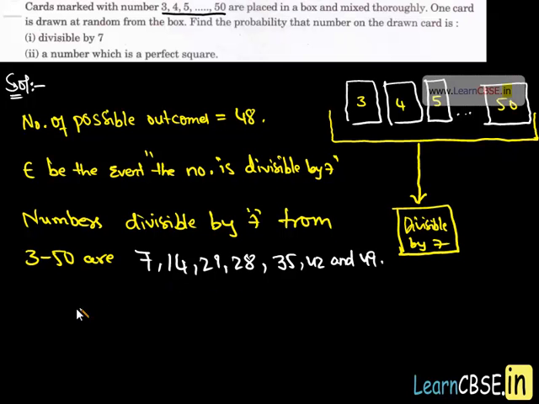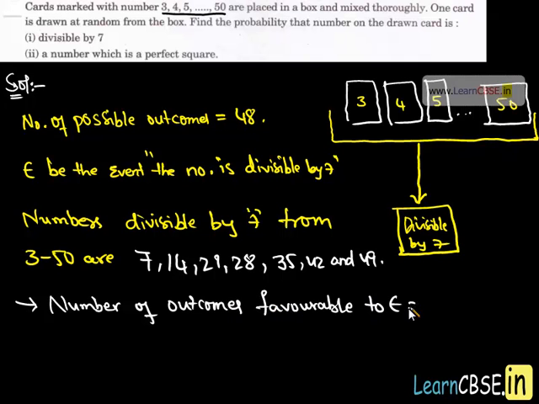Totally we have 7 possible outcomes. Therefore, number of outcomes favorable to event E is equal to n of E, which is 7.